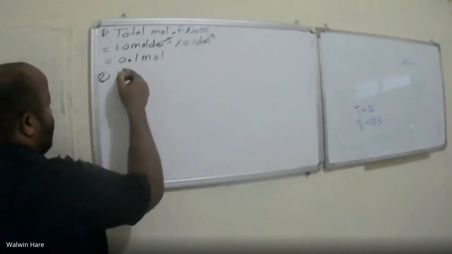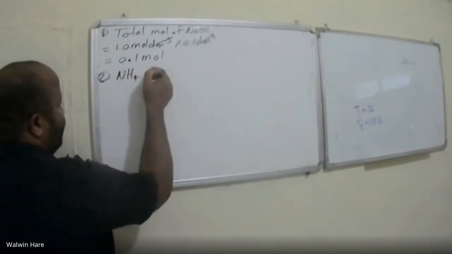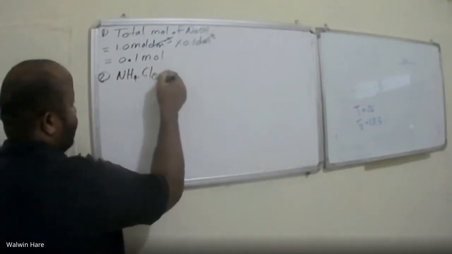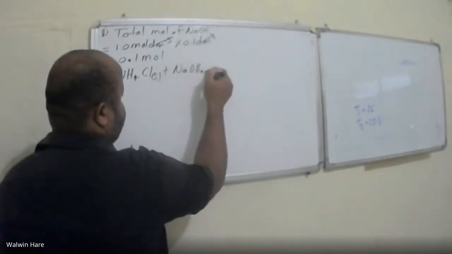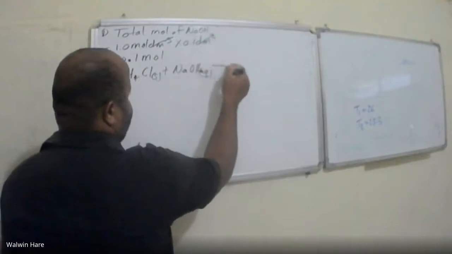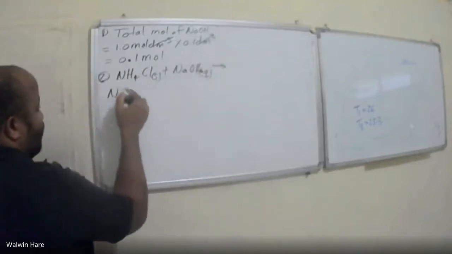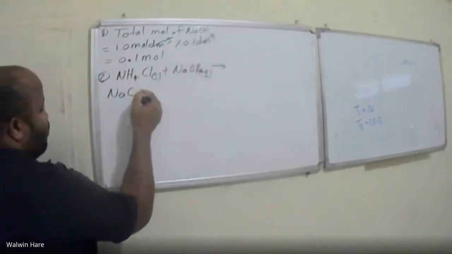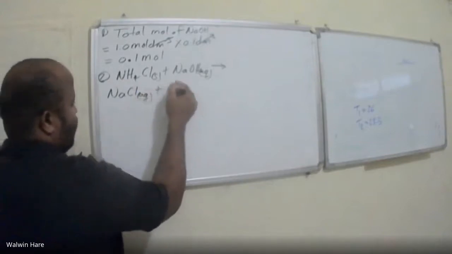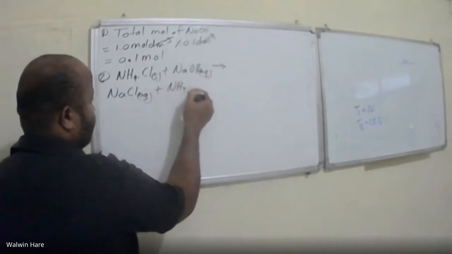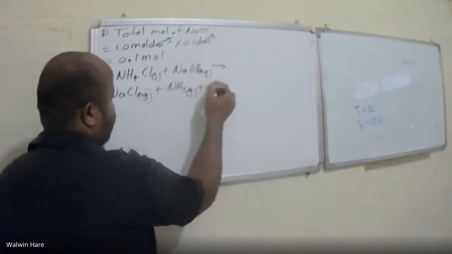So we know that when you react an ammonium salt with a base, you will get the salt. So you will get sodium chloride, ammonia gas, and water.